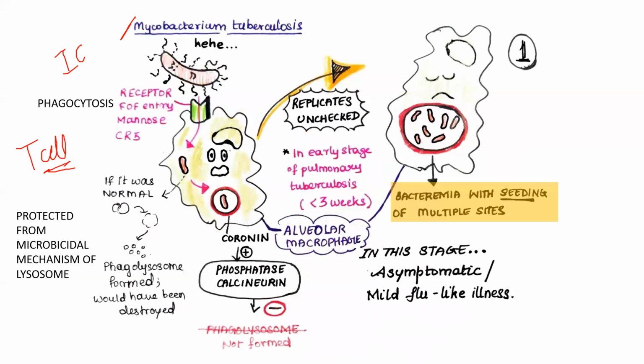Okay, now starting off. Before we go, what is an alveolar macrophage? What is a macrophage? We know about monocytes. Monocytes are WBCs, right? Monocytes are found in blood, but when the same monocytes migrate to tissues, they are called macrophages.